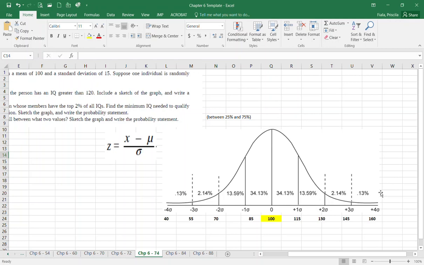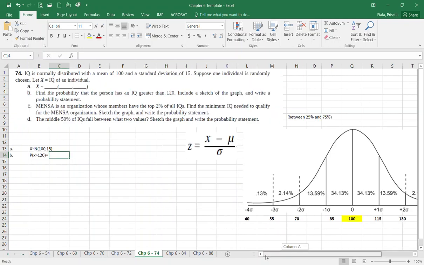Greater than, so I just need this portion here. Everything else is smaller than what I want. You are going to get a small value over here. You should get a small percentage, since I want it greater than 120.